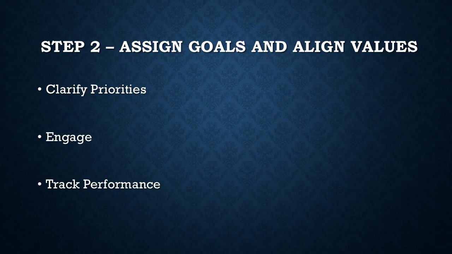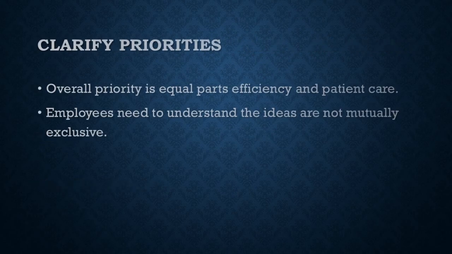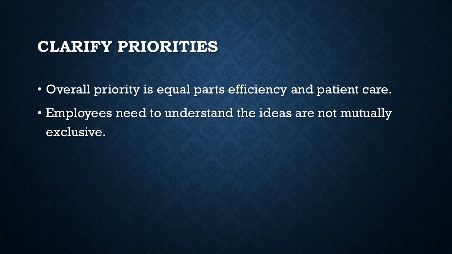Step 2. Assigning goals and aligning values. Step 2 involves clarifying priorities, engaging those employed by the hospital, and tracking performance. The priorities are equal parts efficiency and patient care. Employees need to understand that those ideas are not mutually exclusive.